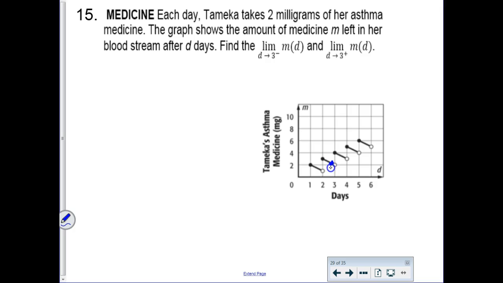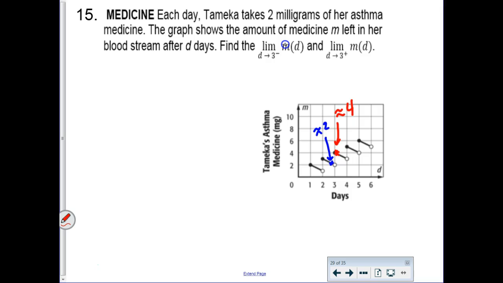On the negative side of 3, what height are we looking at on this axis about? I know it's not exactly this, but we'll say it's about 2-ish. And then on the right side of 3, this guy here is about 4.